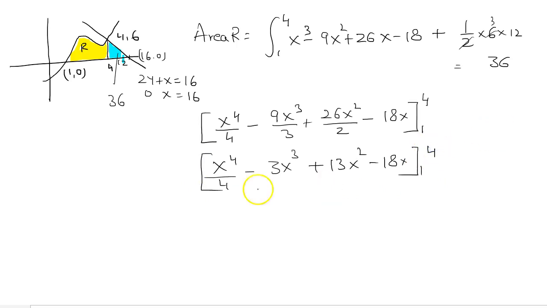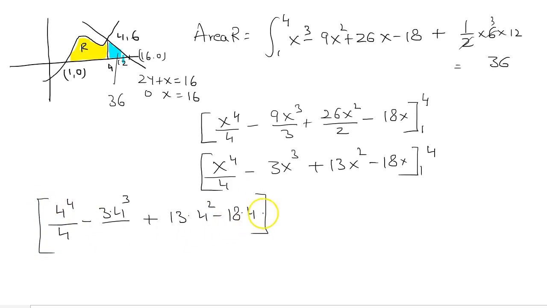From 1 to 4. Now put value 4: 4 to the power 4 over 4 minus 3 times 4 cube plus 13 multiply 4 square minus 18 multiply 4, minus the lower value, which is 1 over 4 minus 3 plus 13 minus 18.